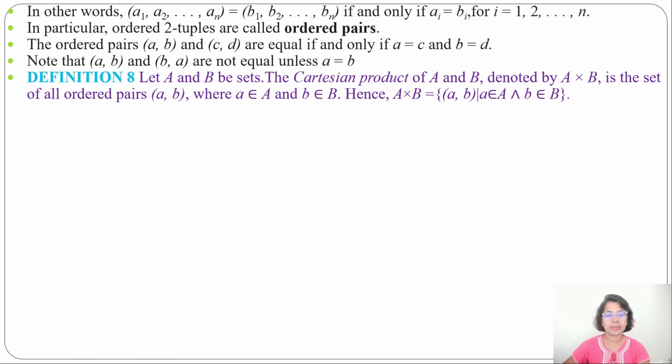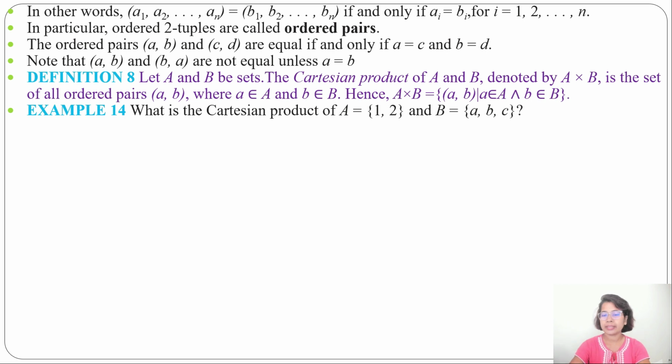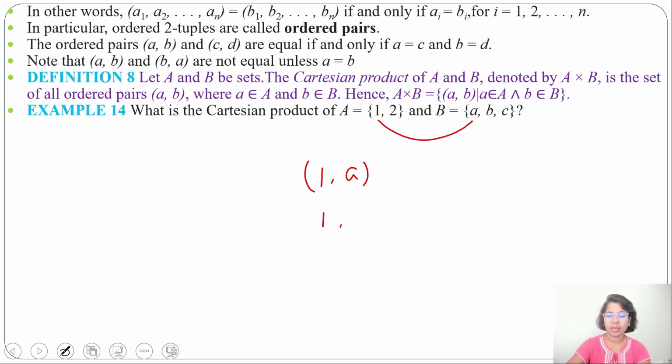Let's see one example. Example 14. What is the Cartesian product of A equals {1, 2} and B equals {a, b, c}? We need to make pairs that contain an element from both set A and set B. So first (1, a), then (1, b), then (1, c).